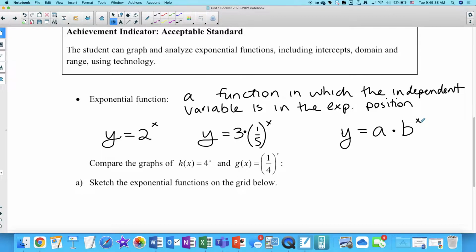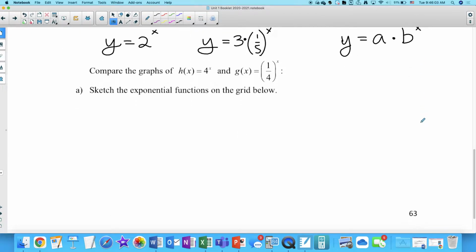So what I want to look at first is the effect of changing the base. The base is this b value. In this example, the base is 2. In this example, the base is 1/5. I want to look at two functions, h of x equals 4 to the x, and g of x equals 1/4 to the x.